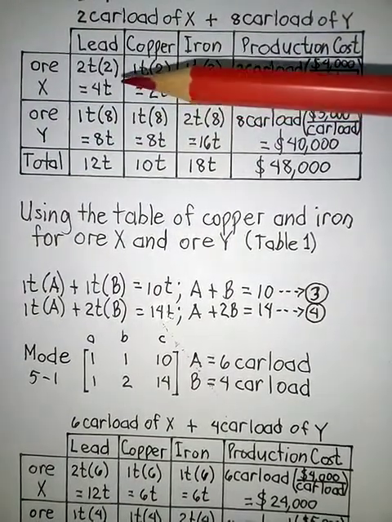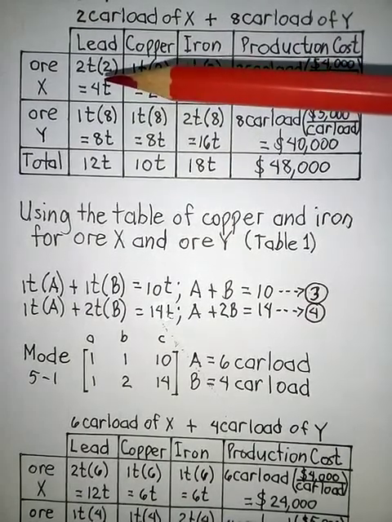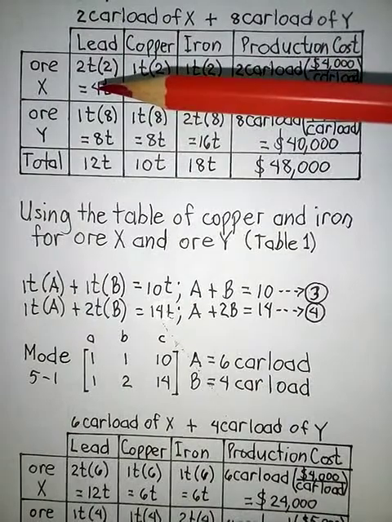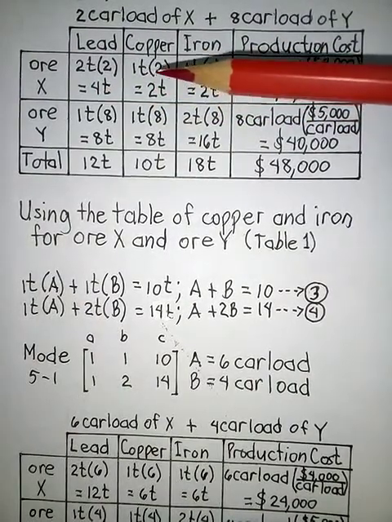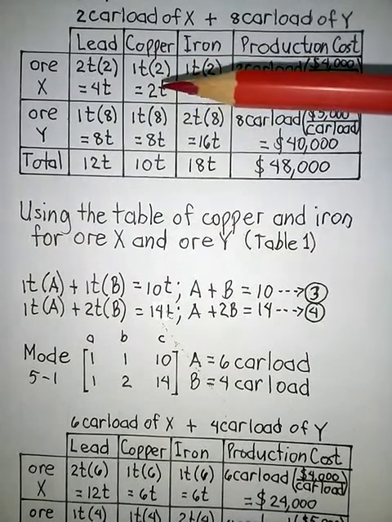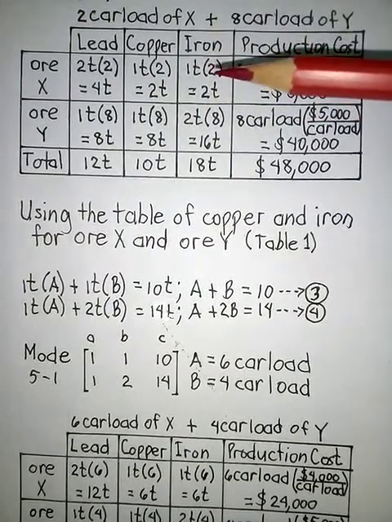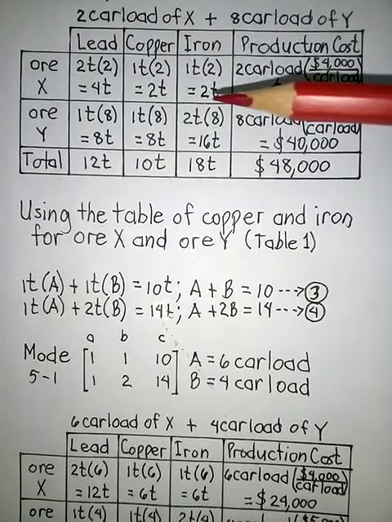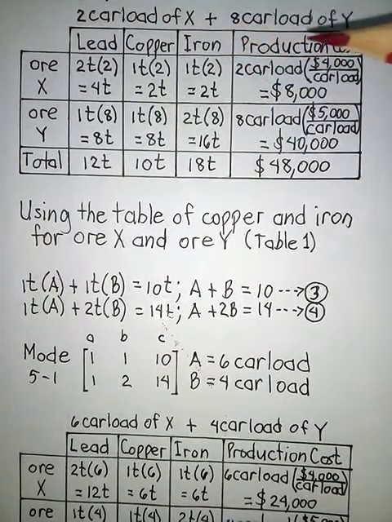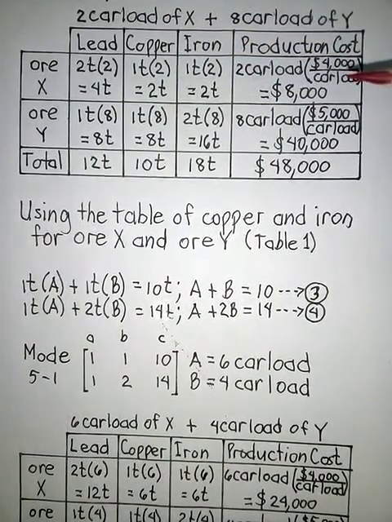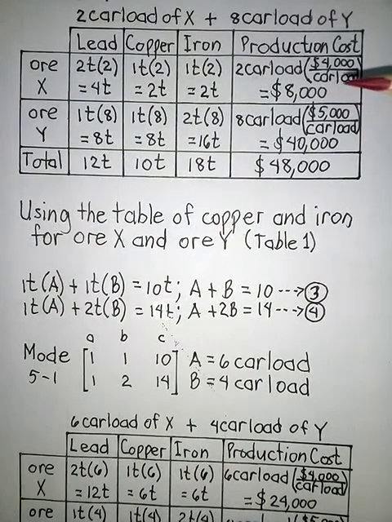So if we are going to purchase 2 carloads of ore X and 8 carloads of ore Y, for every carload we have 2T of lead, multiplied by 2 carloads is 4T. And the same with copper, 1T times 2 carloads we can get 2T, and iron 1T multiplied by 2, we will get 2 tons. For the production cost, 2 carloads multiplied by $4,000 per carload is $8,000.